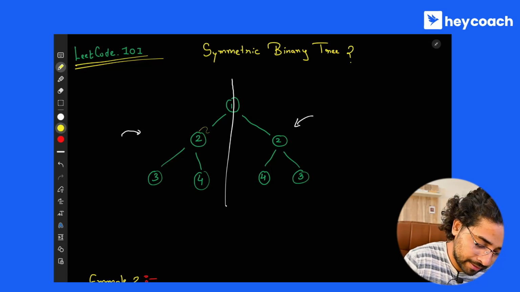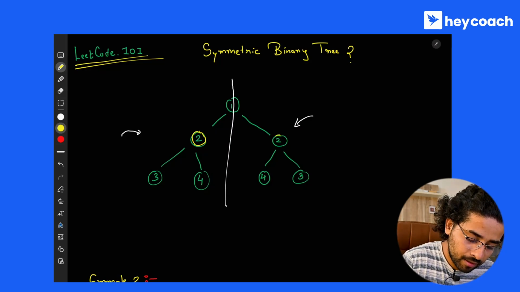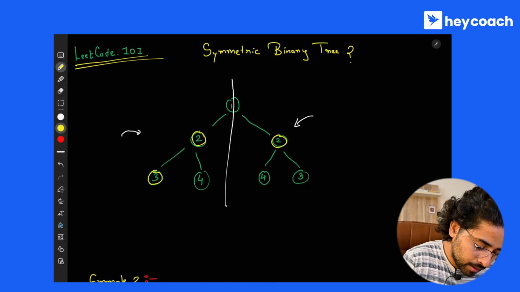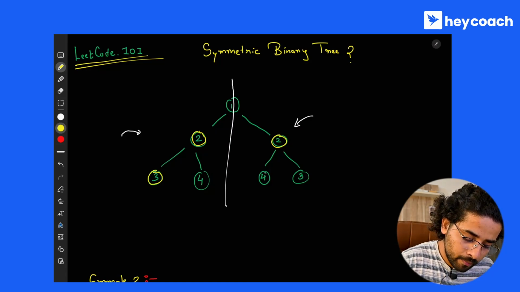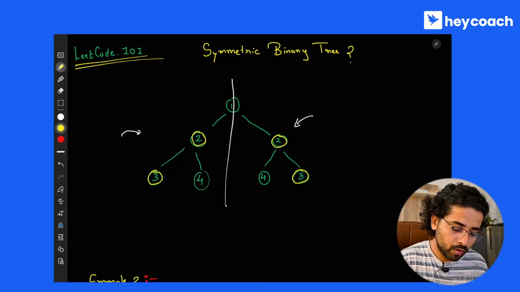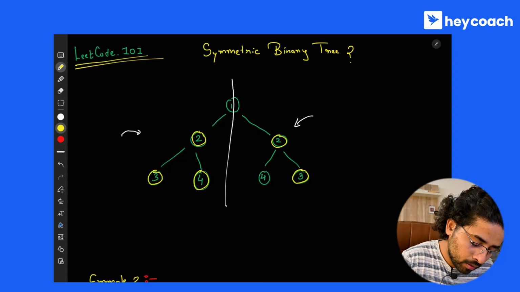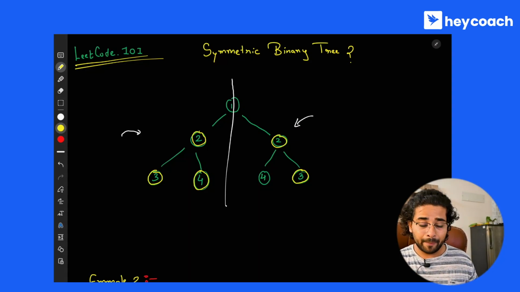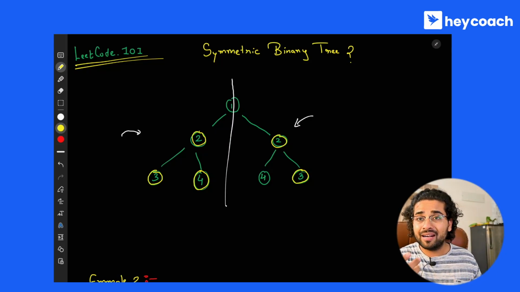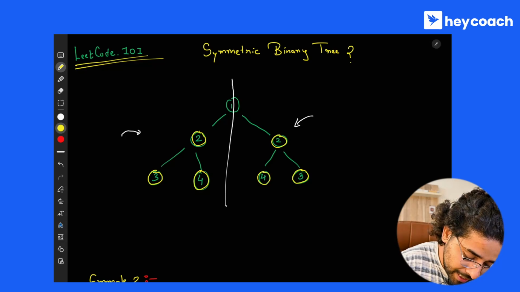Let's check this. These two on the left side come at the right side. These three at the left end come at the right side of the tree. These four in the left subtree come at the right subtree, on the left side. So this came here.